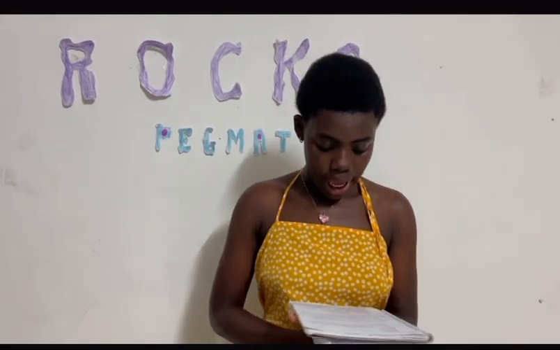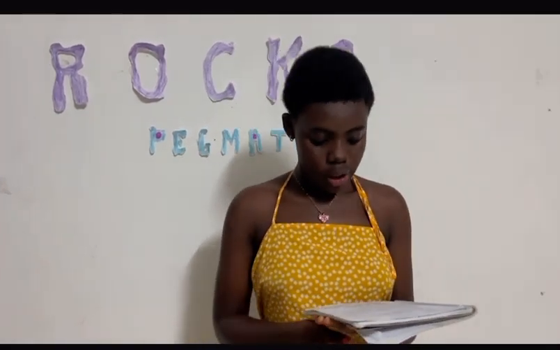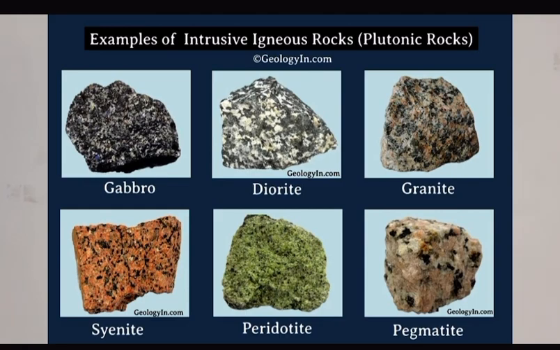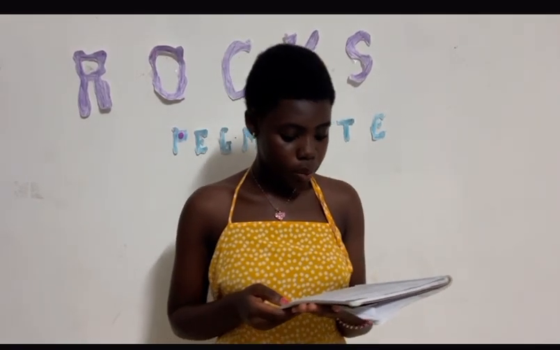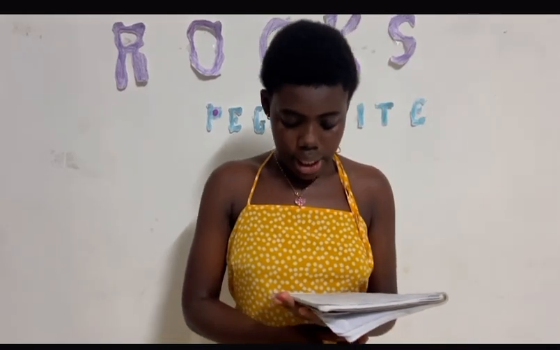Under the igneous rocks, there are two subcategories: intrusive and extrusive. Intrusive rocks are formed when magma is trapped deep within the earth, cools very slowly and solidifies. This takes the first part of the definition I gave for igneous rocks, which is when it is underground and it cools. These rocks are normally coarse-grained due to the slow cooling.